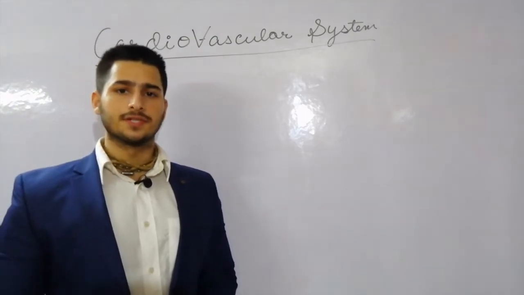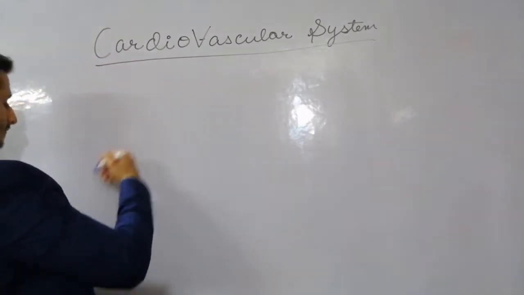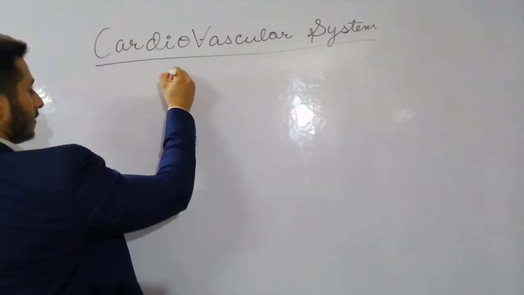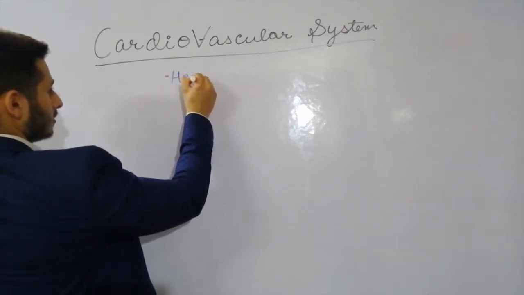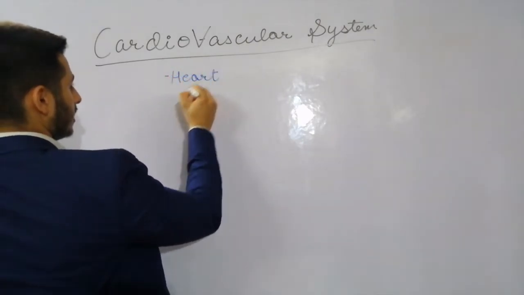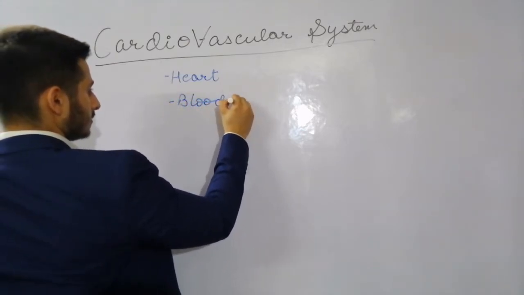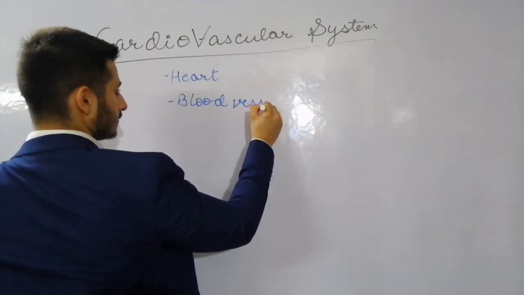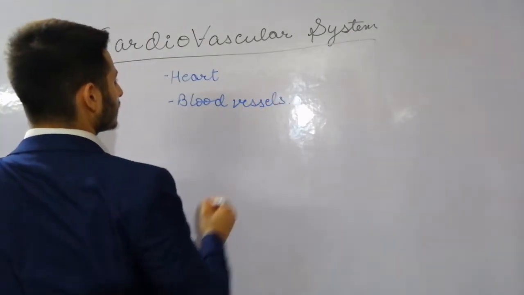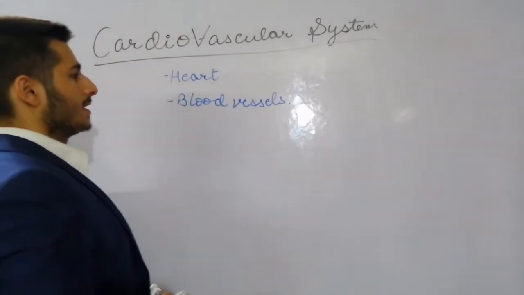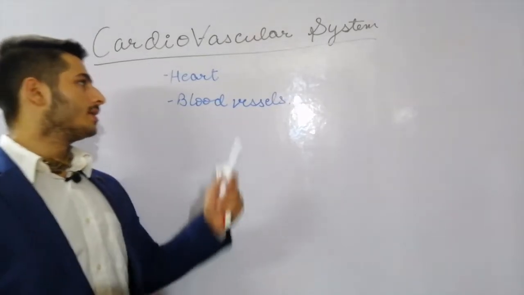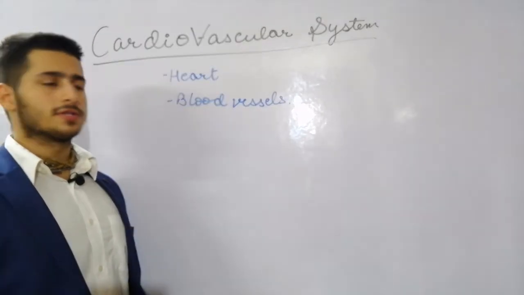The cardiovascular system mainly consists of the heart and blood vessels. The heart is the major organ of the body and it pumps blood to different organs of the body.